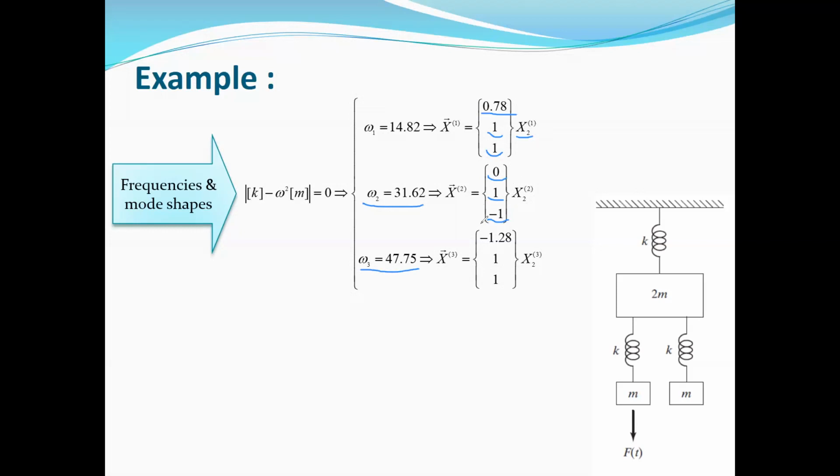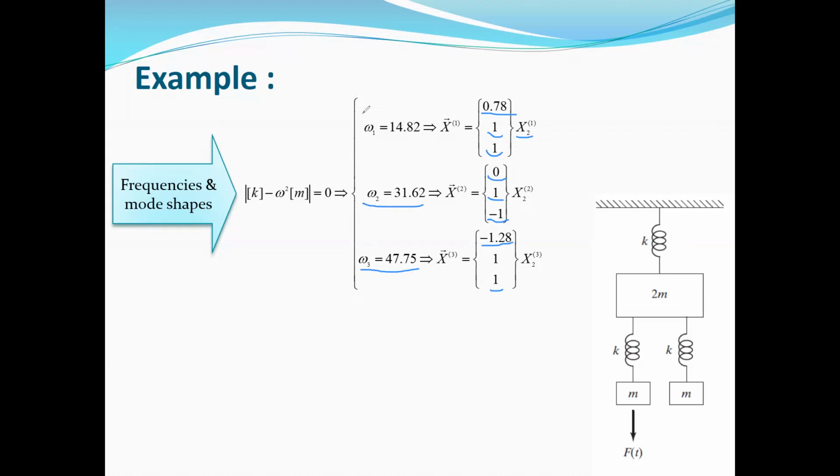You can extract that x1 is equal to minus 1.28 times x2, x2 is equal to x2, and finally x3 is equal to x2. This relation can be obtained from the equations in the previous slide when you substitute omega is equal to omega 1 to omega 3 respectively.